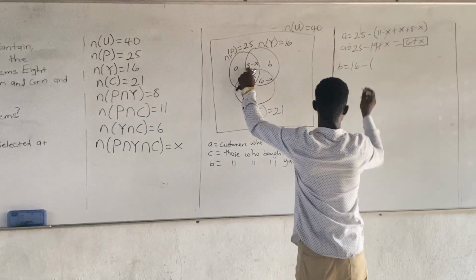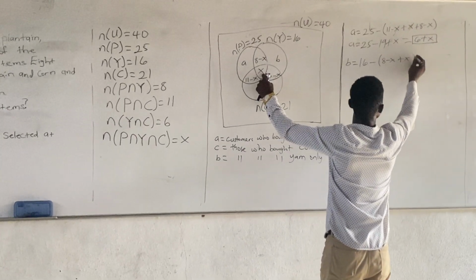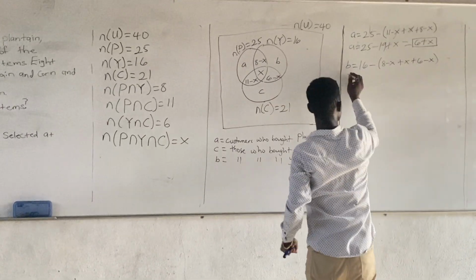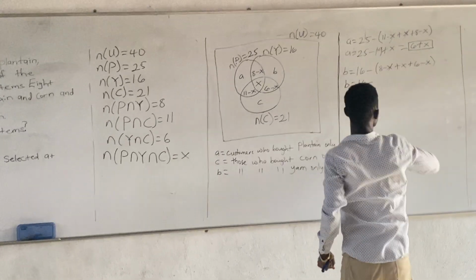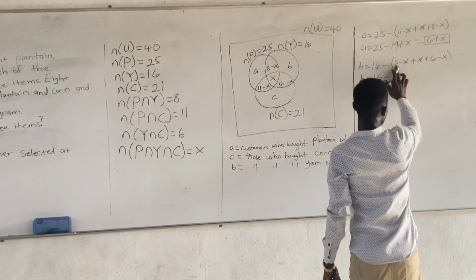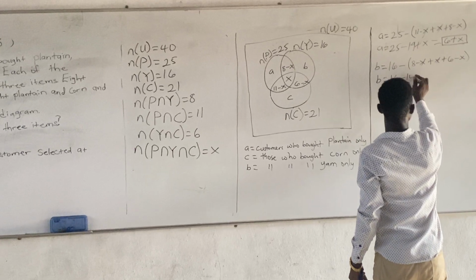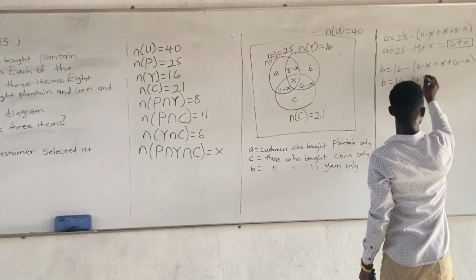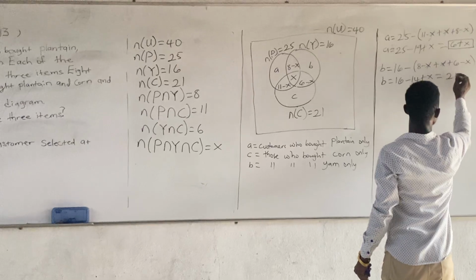So you have 8 minus x plus this x plus 6 minus x. 16 minus this negative x, we take the positive x. 8 plus 6, that's 14. It will be affected by this minus, so you have the 14 being negative. The negative will affect this negative, it will be positive x. So 16 minus 14, that will be 2 plus x.